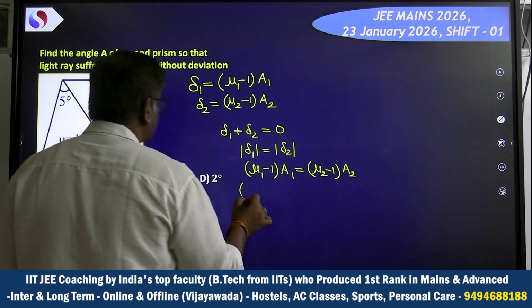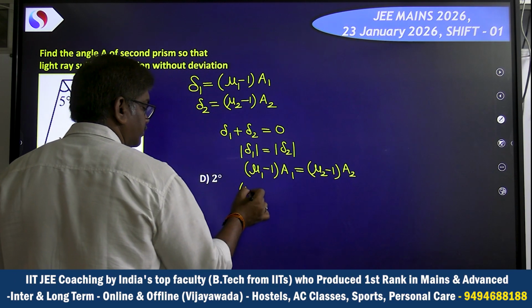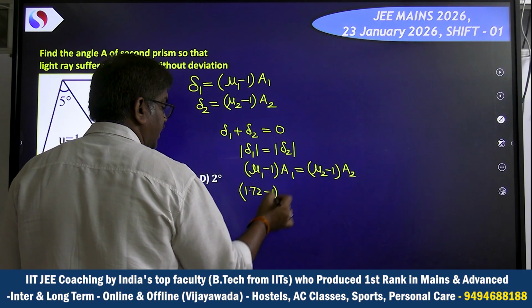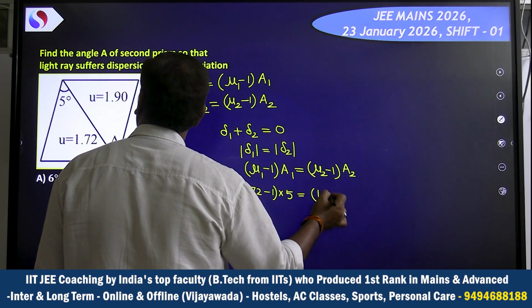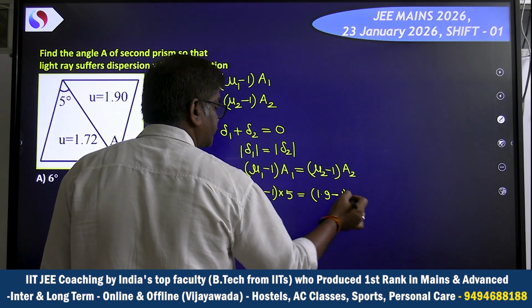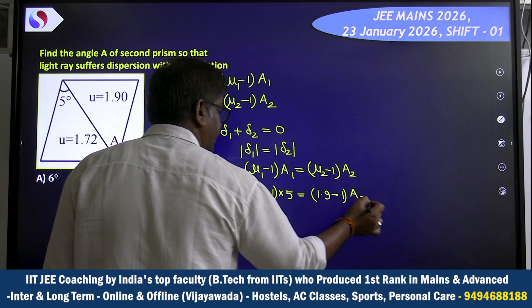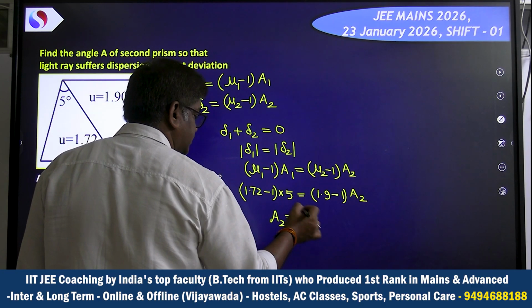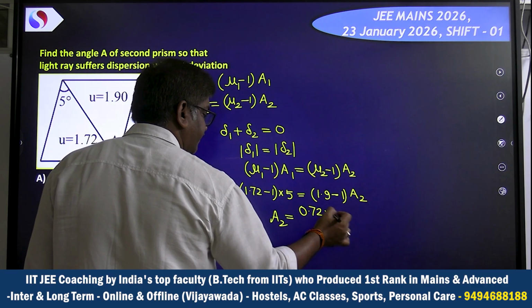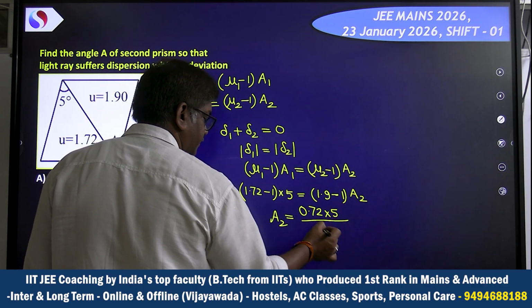Now what is your mu1? Mu1 is 1.72, minus 1, into A1 which is 5 degree, is equal to mu2 which is 1.9, minus 1, into A2. A2 we have to find out. So A2 is equal to 0.72 into 5 divided by 0.9.